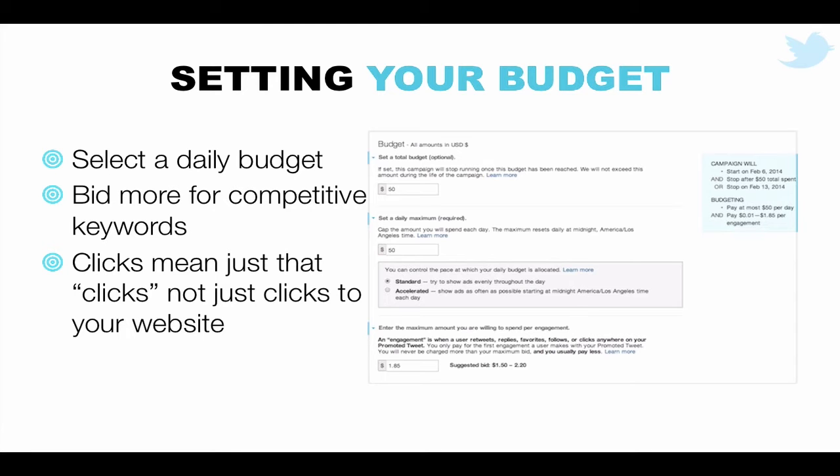Now, that may seem a little bit counterintuitive because it allows you to reduce this amount. However, the reason Twitter give you a suggested bid is because there are a number of other factors at play.